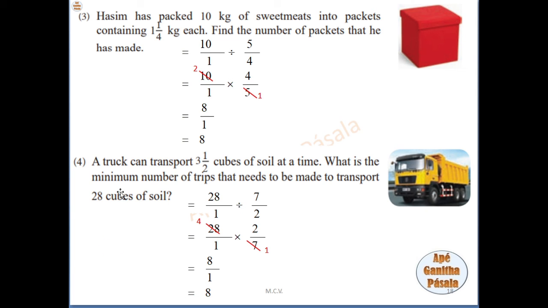Next problem. A truck can transport 3.5 cubes of soil at a time. What is the minimum number of trips that needs to be made to transport 28 cubes of soil?